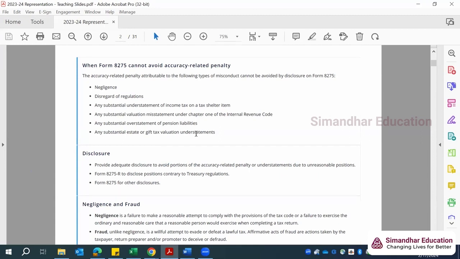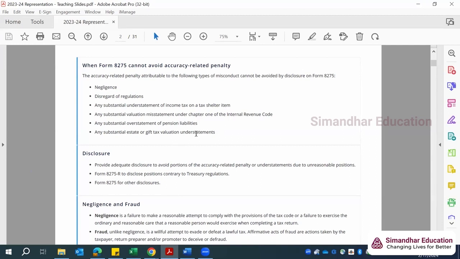So let's say that today I am handling something that I'm not aware of. Let's say that I prepare business tax returns, and I have got a tax return for a person who has a parlor.